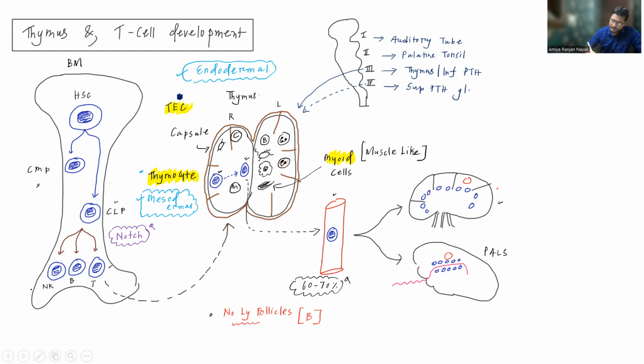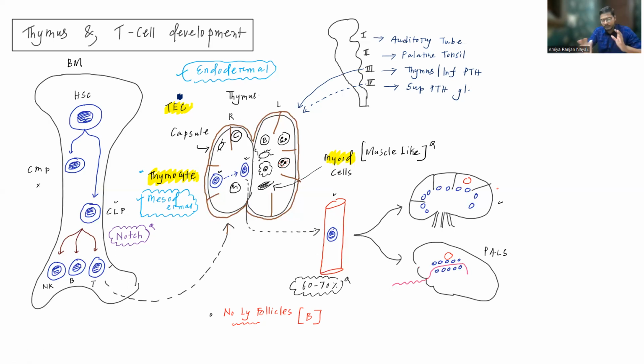So the thymic hyperplasia, or sometimes the thymomas, play a major role in the pathogenesis of myasthenia gravis. Myasthenia gravis is a neuromuscular junction disorder that we're going to discuss under the CNS pathology section.